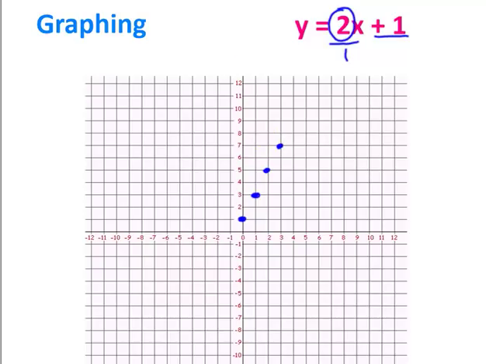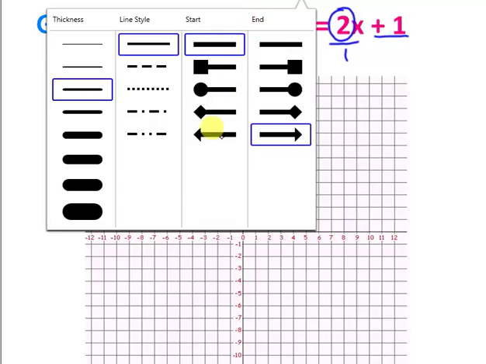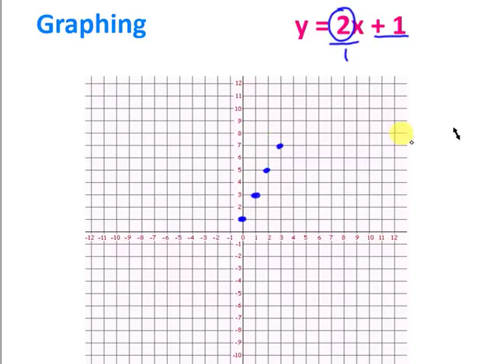Then I'm going to get a ruler, okay? And I don't really have a ruler on here, but I'm going to get a ruler and draw a straight line connecting them, okay? And let me see if I have some arrows here. There we go.